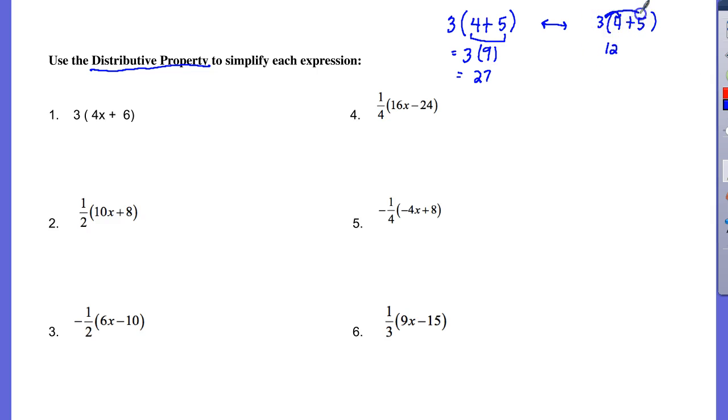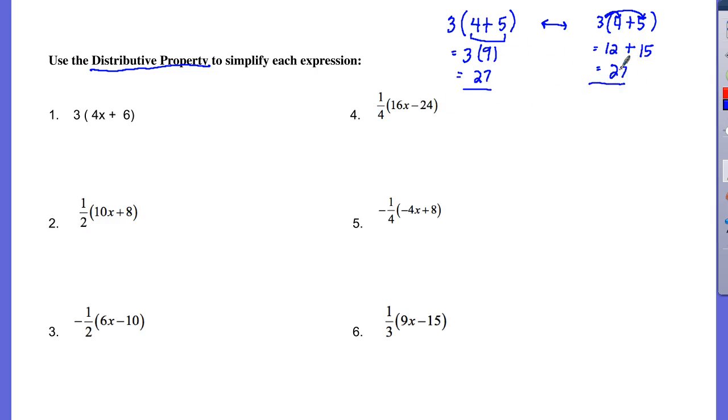And then 3 times 5, that is 15. And then now you solve it, 12 plus 15, that is 27. So when you have a numerical expression like this, it won't matter. You can do it this way or you can do it this way. You will get the same answer.